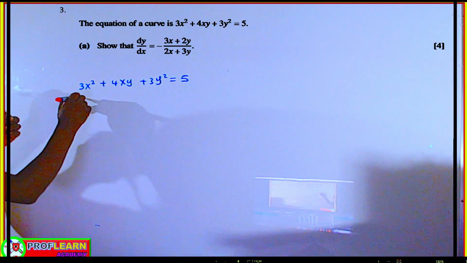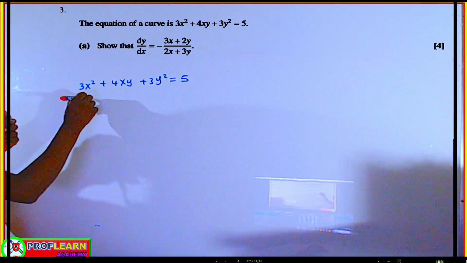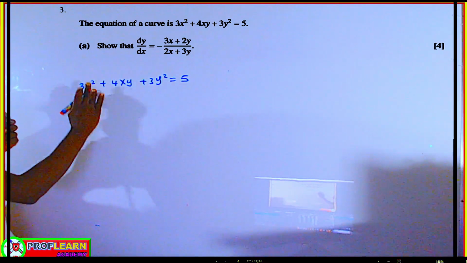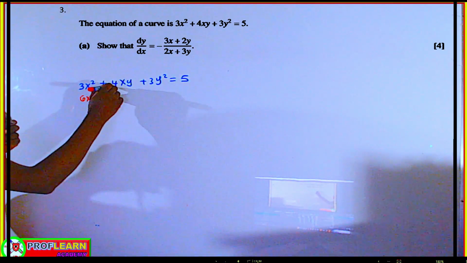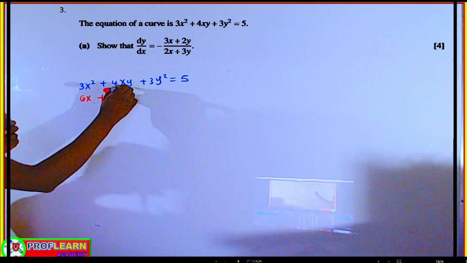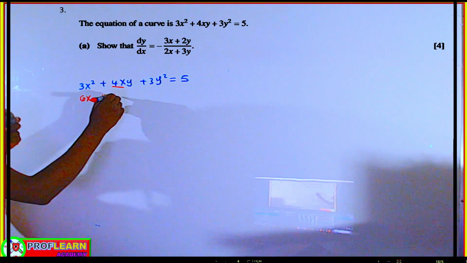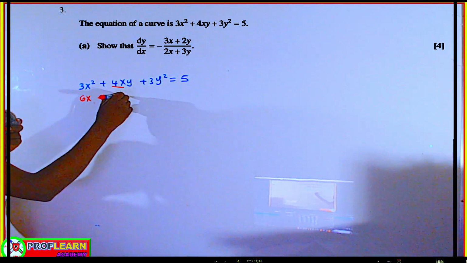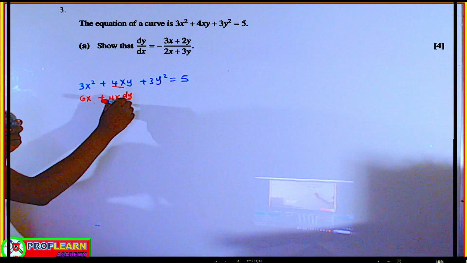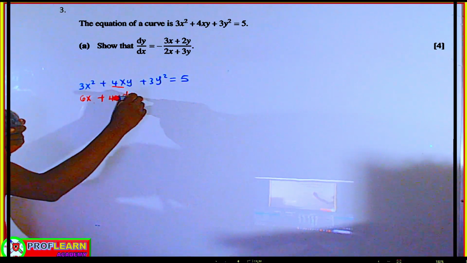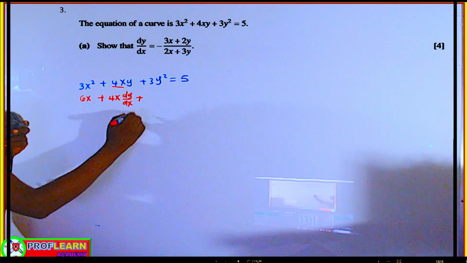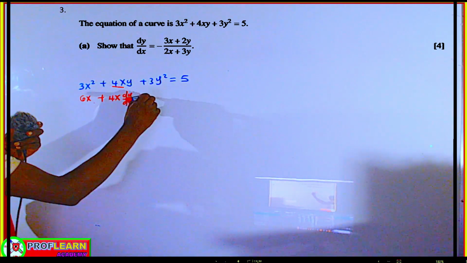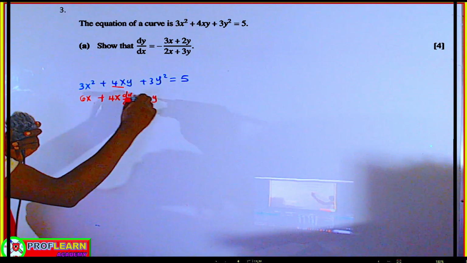This one to be differentiated is going to be 6x, then plus dy/dx. We are going to keep 4x constant and differentiate y, so 4x is a constant, and then this is going to be dy/dx. Again, plus, we are going to keep y constant and differentiate 4x, so this is going to be 4y.